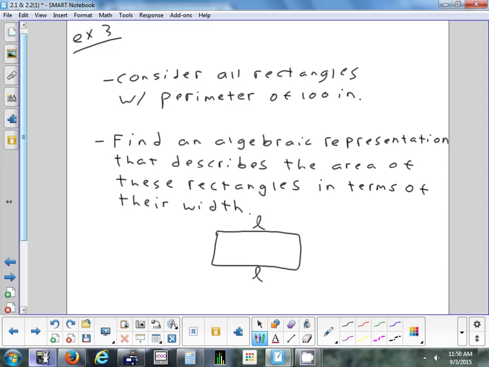And the other side could be just 50 minus L, divided by 2. Right. So think of it, you've got 100 feet of material to use up. You've already used up L for the top and L for the bottom. So if that's how much material you have left, you have to divide it by 2, because half the material is going to go on the left-hand side, half's going to go on the right. How much is that? 50 minus L.